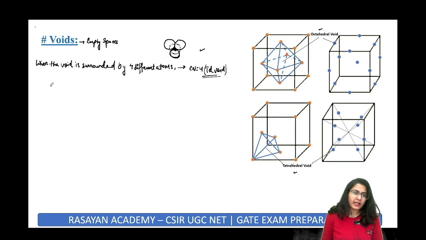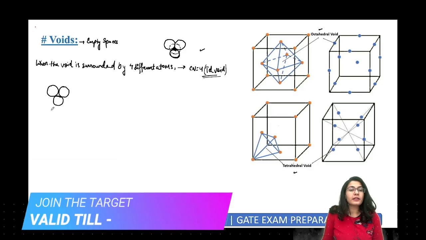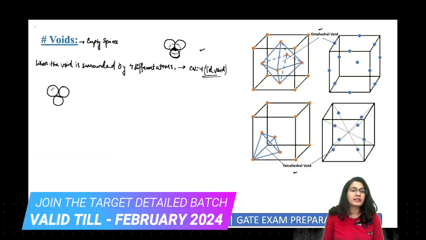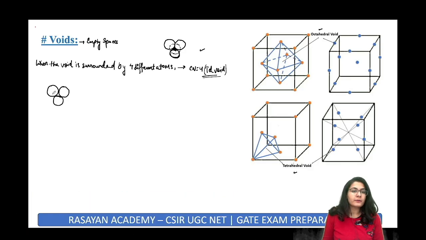Similarly, if I have this kind of a layer placement, this is how I arrange. Now the second layer which is placed is going to be in a different manner. How? Let's see. The second layer is going to be placed like this. So it is still on the depression of the first layer.